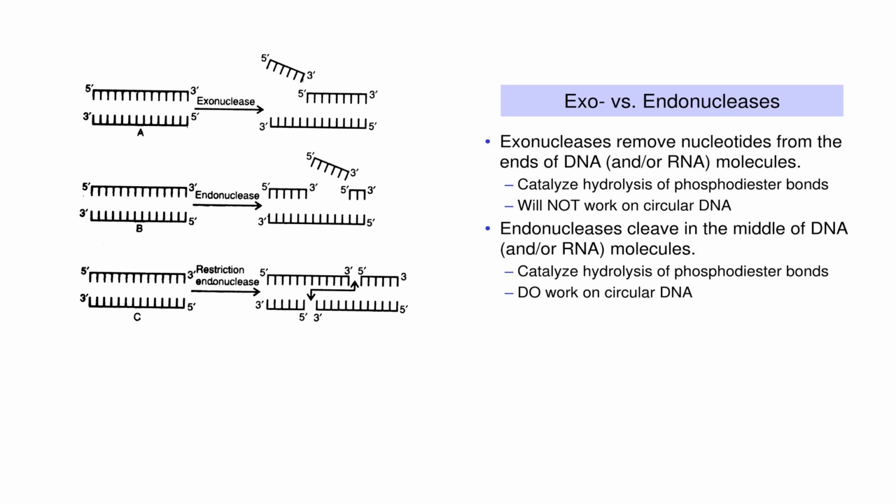This is the removal part, the cut part. Now the restriction endonucleases also make their cut in the middle of the DNA. Here the cut sites are here. This is all about exonuclease and endonuclease.